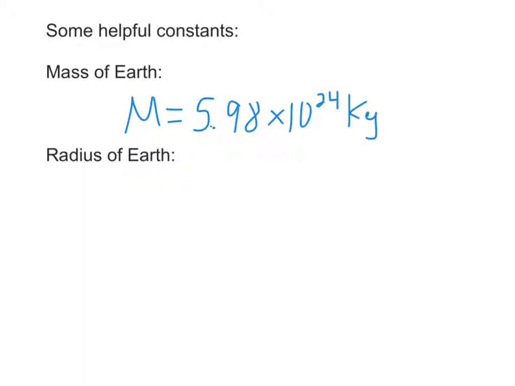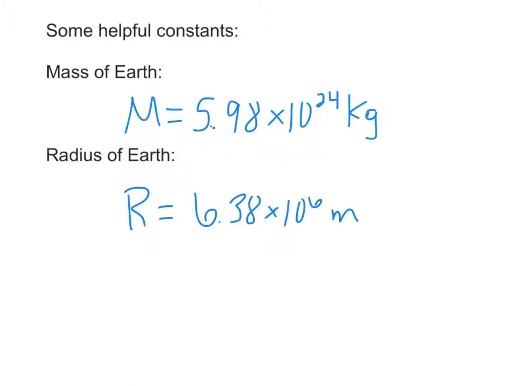So I would store that in your calculator as M. And then the radius of the Earth, I'm going to call this a capital R, store this in your calculator as R, equals 6.38 times 10 to the 6th meters. So you will also be given those if you ever need them on a test or a quiz, but these are helpful to have stored into your calculator as well.